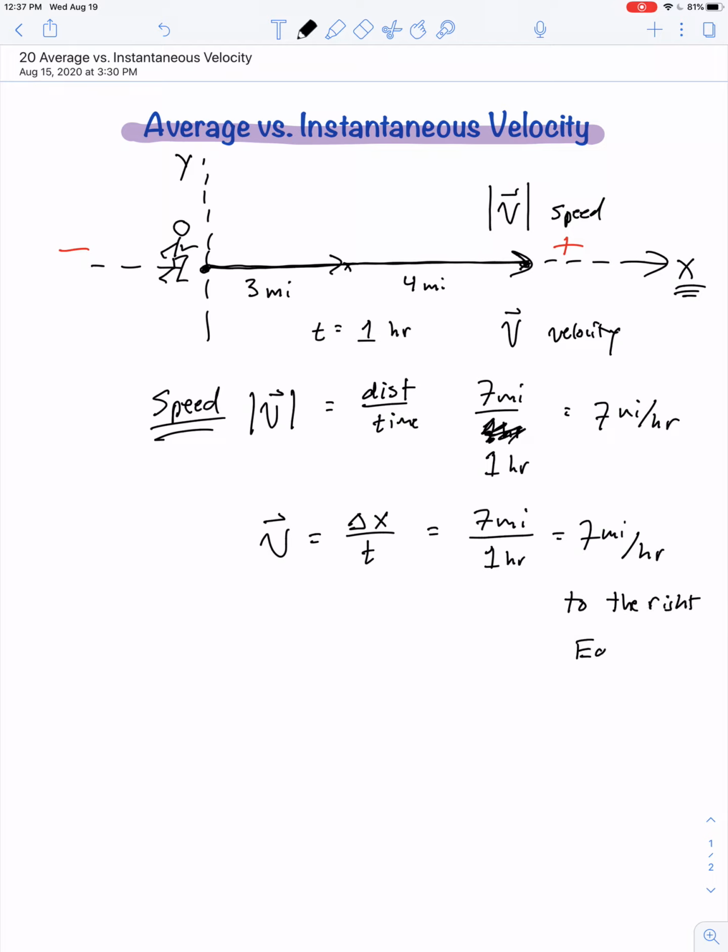I don't have to say east, although that would work as well if we think of the positive axis as being east and the negative axis as being west and so on. No. An easier way to say it would just be to call it positive 7 miles per hour. And so the positive implies movement toward the positive end of the x-axis.